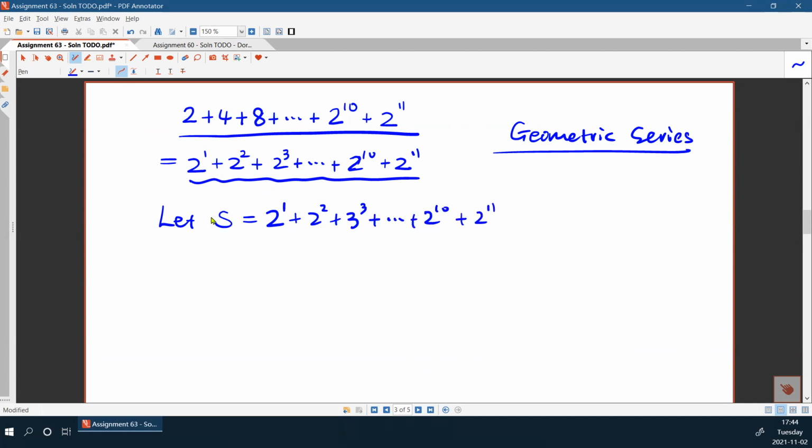In order to find S, the number you want, you can multiply both sides by the common ratio, which is 2.